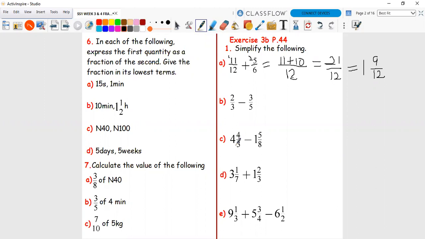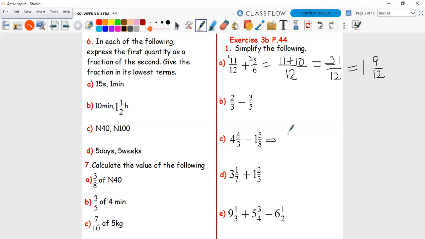All right. So what you're going to do simply is that you convert this mixed number to improper fraction and then carry out your addition or subtraction. In this case now, it's going to be an addition. I'm leaving number B as an exercise to try. But this time around, instead of adding, of course, you can see the sign there should be negative. So you first convert this. 3 times 4 is 12. 12 plus 4 is 16.